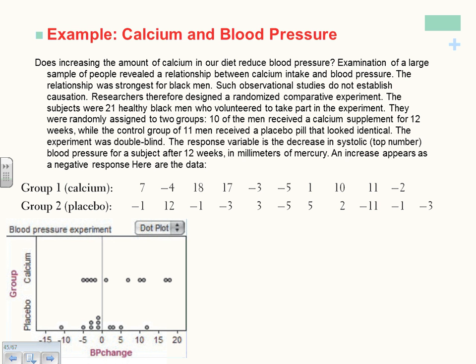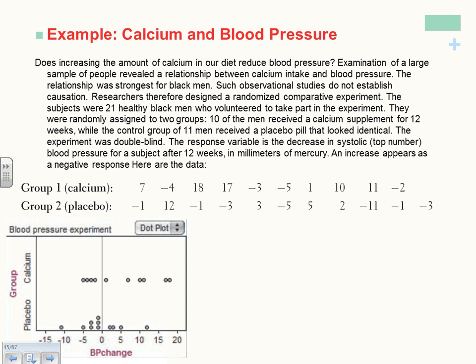So let's look at this example. Calcium and blood pressure. Does decreasing the amount of calcium in our diet reduce blood pressure? Examination of a large sample of people revealed a relationship between calcium intake and blood pressure. The relationship was strongest for black men. Such observational studies do not establish causation. Researchers therefore designed a randomized comparative experiment. The subjects were 21 healthy black men who volunteered to take part in the experiment.